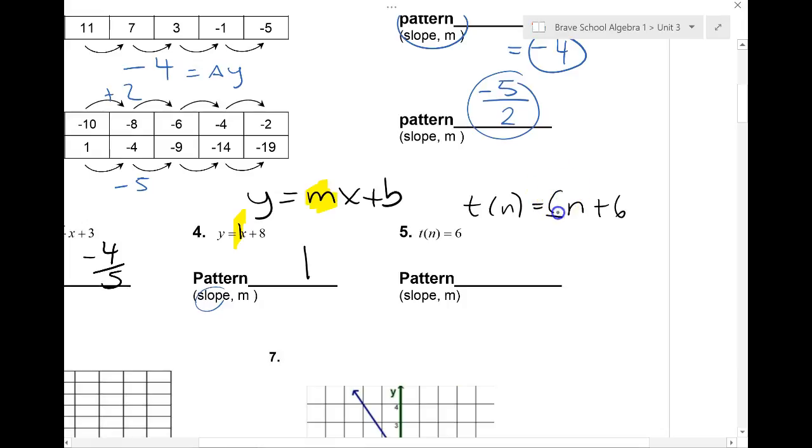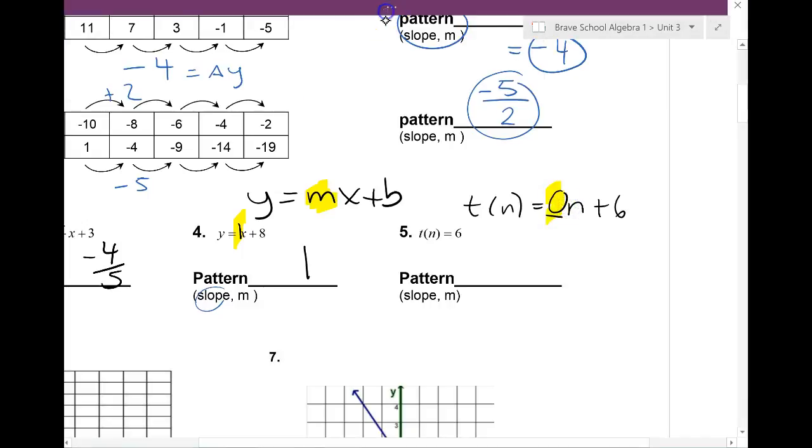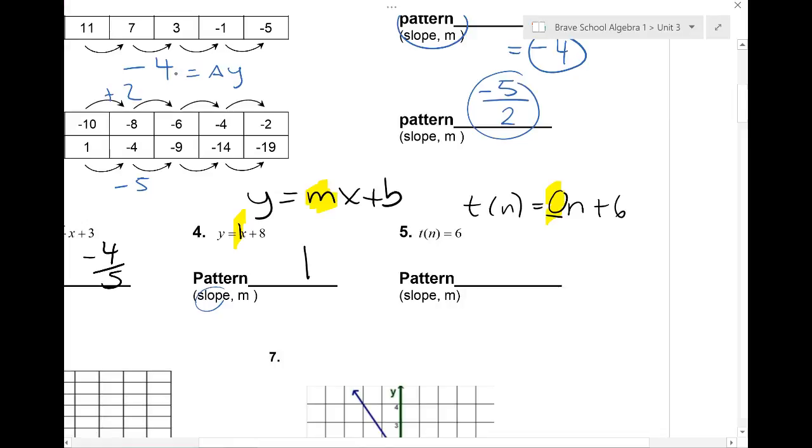Well, the only option would be 0, because what happens is when the slope is 0, 0 times n is just 0. So then that's why you only end up with 6 here. So the slope here in this case is 0. So if you have a problem like this, and there's no variable on the right side, there's no x, there's no n, then you know that the slope is 0 right away. Okay?